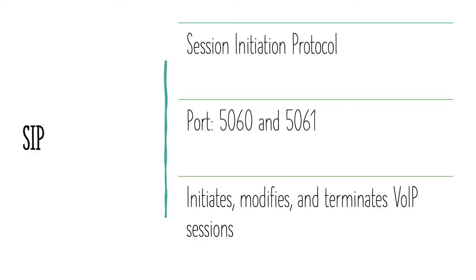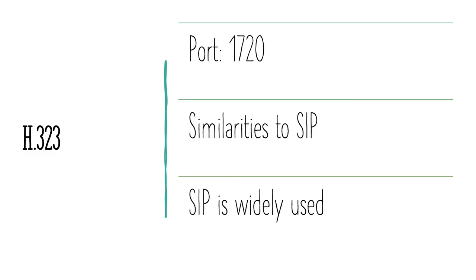Lastly, we need to know about SIP, which stands for Session Initiation Protocol, and it uses ports 5060 and 5061. It is used to initiate, modify, and terminate sessions in Voice over IP. Another protocol is H.323, which uses port 1720. It has similarities to the SIP protocol, but SIP is widely used nowadays.